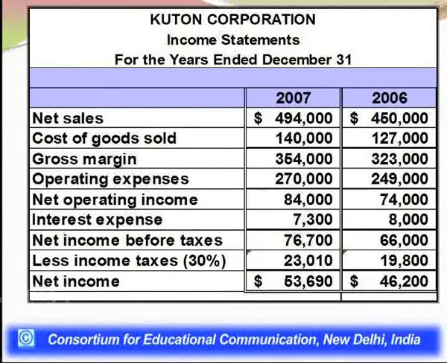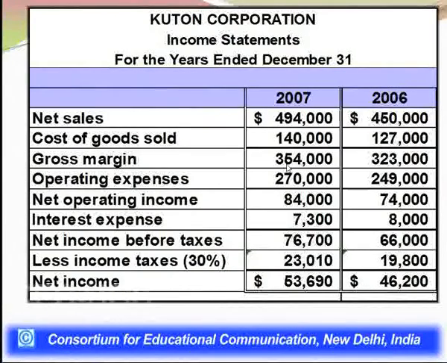We can easily assume that these net sales of 494,000 are after adjusting returns, and the 450 were in 2006. We are calculating ratios only for 2007, so I am referring to the net sales figure of 2007 only. Cost of goods sold for the company was 140,000, and that's how your gross margin is 354,000.